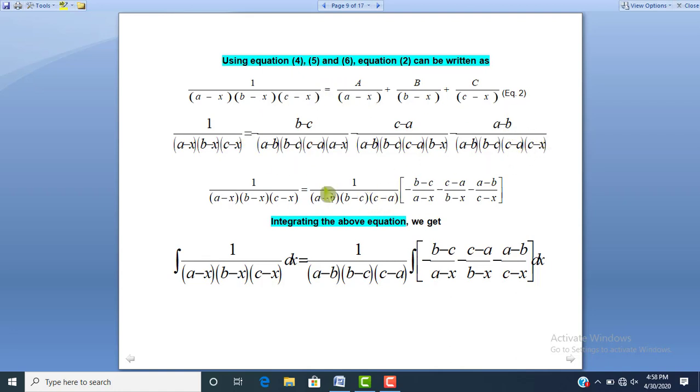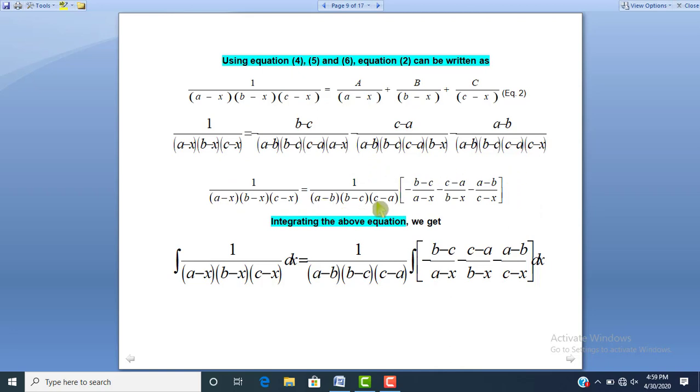If I take this term common, then the remaining values inside the square bracket will be minus (B minus C) divided by (A minus X), minus (C minus A) over (B minus X), minus (A minus B) over (C minus X).